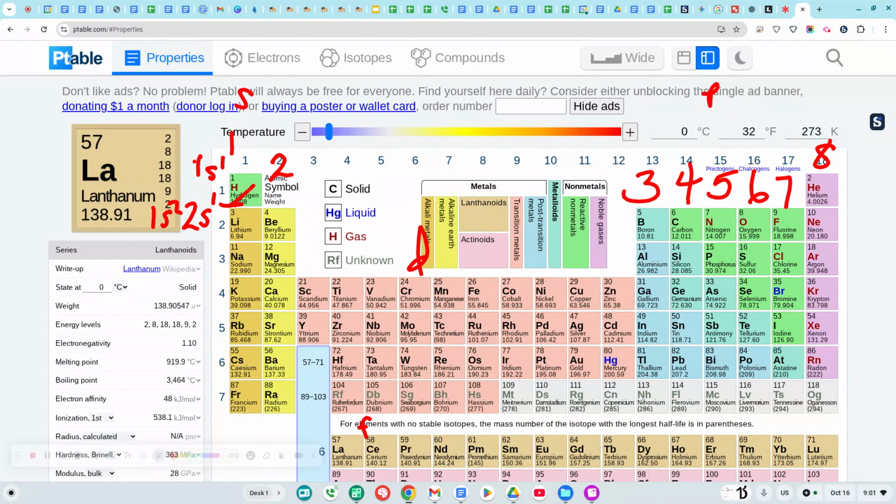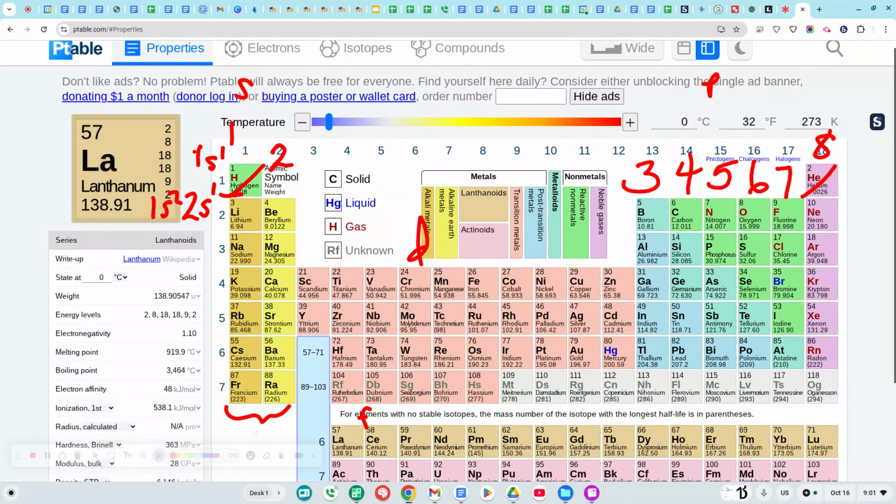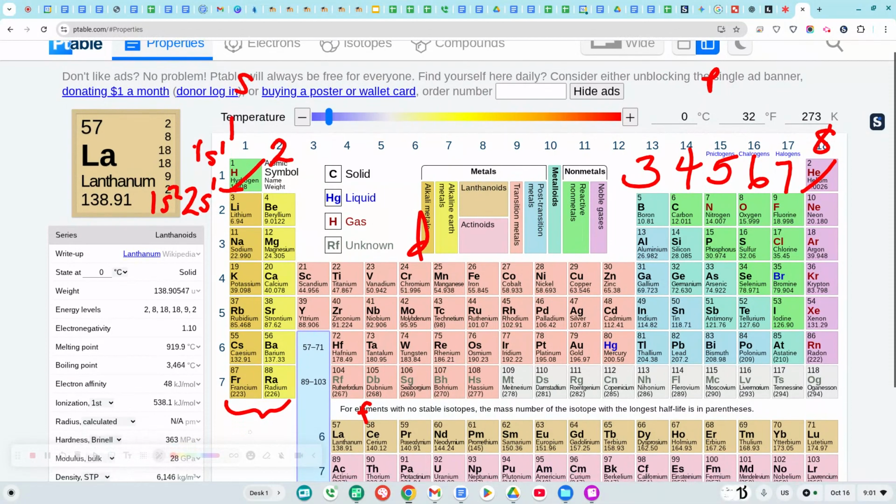So we had 1s, 1s2. There can be only 2 electrons in the s orbital. There can be 6 electrons in the p orbital.